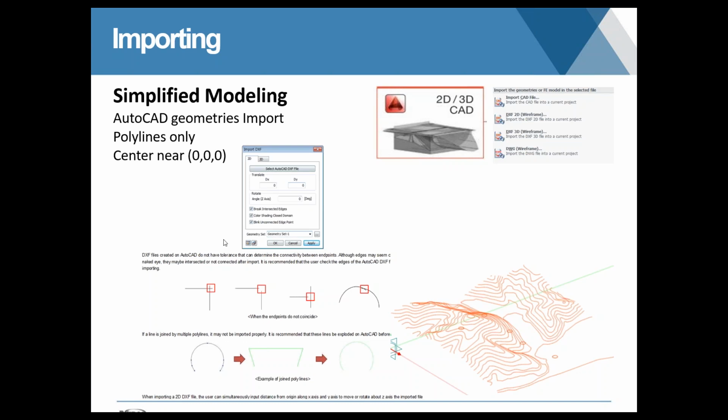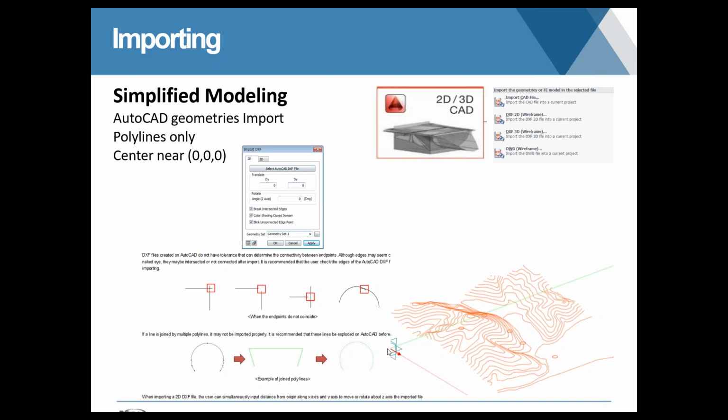And we do have some general recommendations for before importing your file. At the AutoCAD level, for instance, in this example of these contour lines, we would recommend our users, before importing, to make sure that all the geometry or the type of line in AutoCAD is considered polyline. Also, very importantly, make sure it's centered, that the coordinates of the geometry are close to 0, 0, 0.